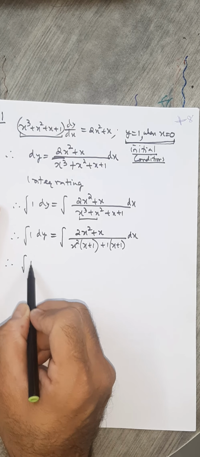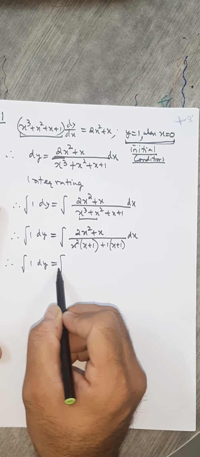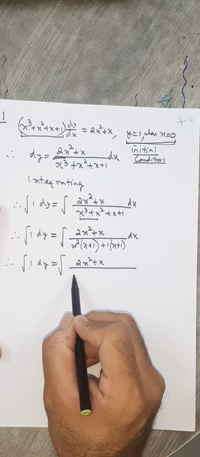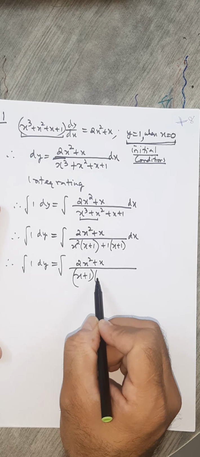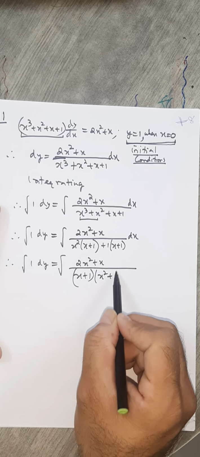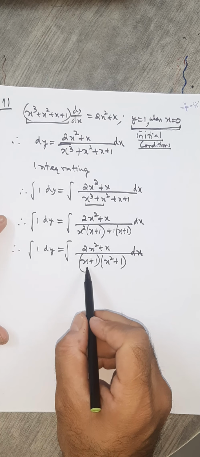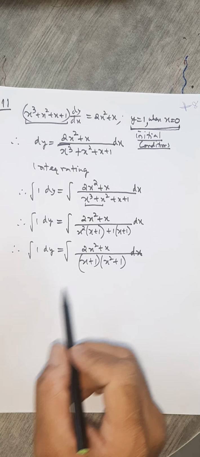So here you have 1 dy equals 2x square plus 1 upon x plus 1 into x square plus 1. Now what is this? Product of linear and quadratic expression.